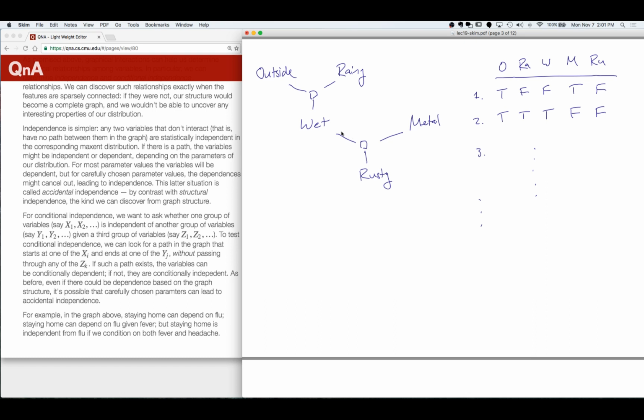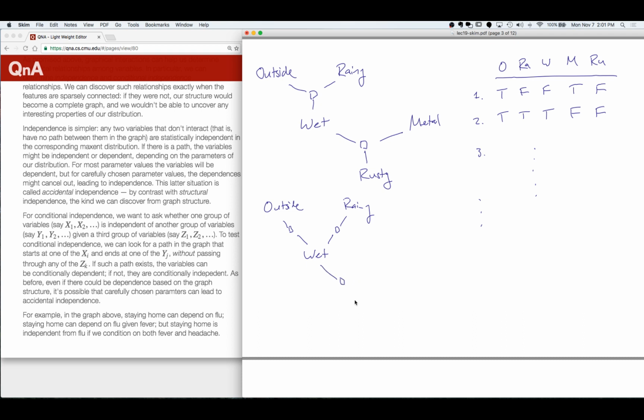Now this is not the only graphical model that we could use. So here's another one. We could say that there are direct connections there, right? So this is a simpler graphical model because it's got hyperedges that touch fewer nodes, right?